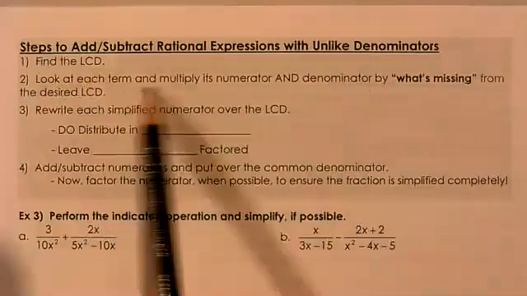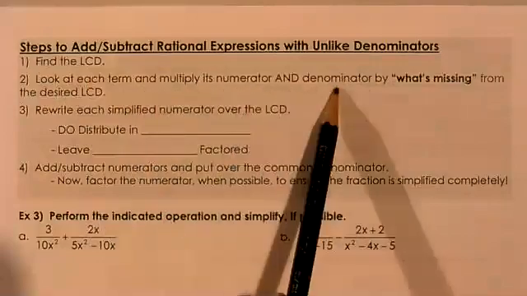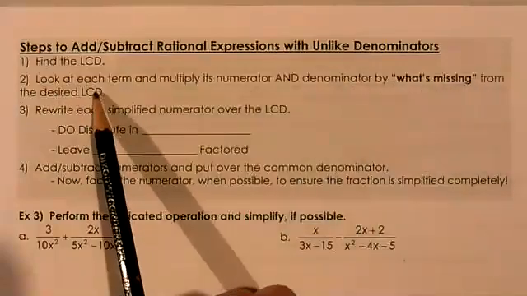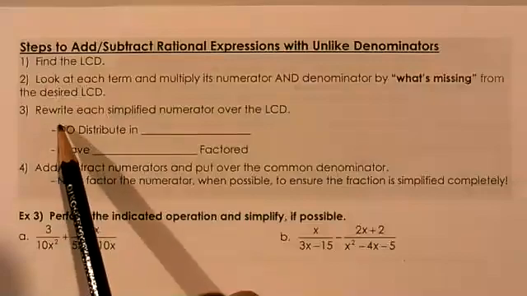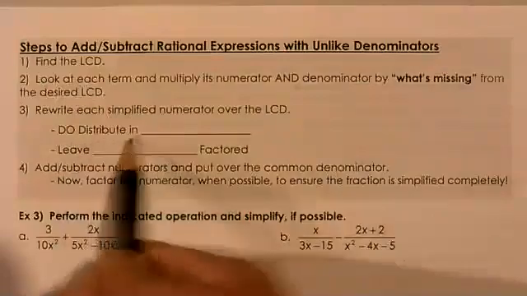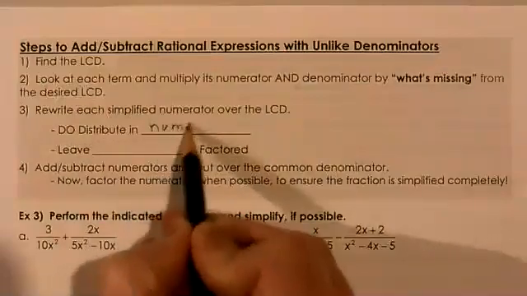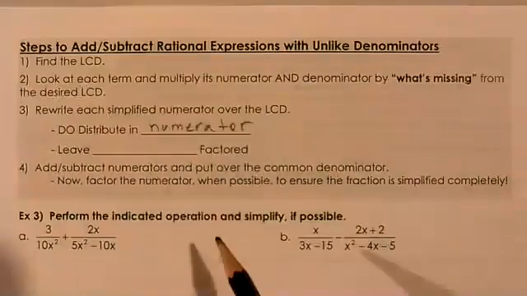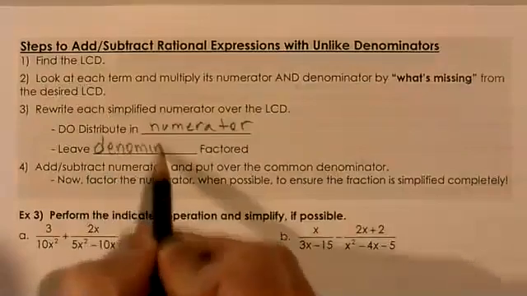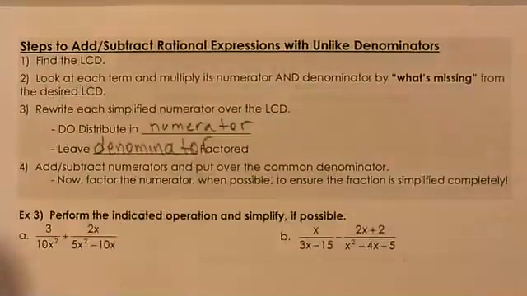We're going to look at each of the terms and multiply the top and the bottom, the numerator and denominator, by the what's missing term, like I showed you in the previous problem. We're going to rewrite these, and we're going to distribute in the numerator, and we're going to leave the denominator factored. The reason we're going to distribute in the numerator is so that we can add and subtract.